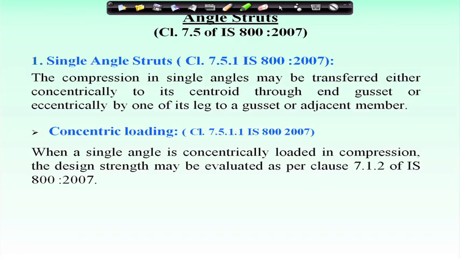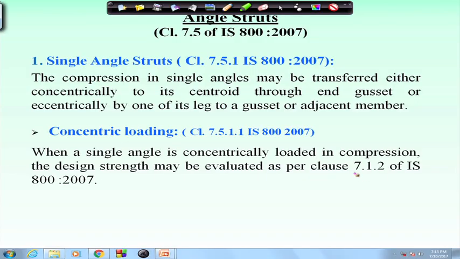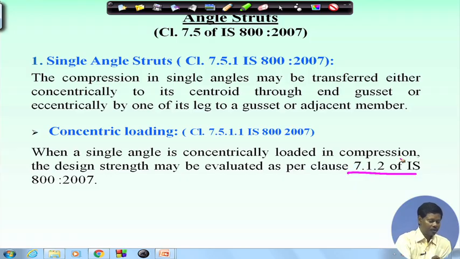Now, for concentric loading, when the angle is concentrically loaded, in case of concentrically loaded in compression, the design strength may be evaluated as per clause 7.1.2 of IS 800:2007. This clause 7.1.2 we have discussed already. That means it is the concentric loading that we designed earlier in case of compression members, maybe channel section, maybe I section, maybe other type of section.